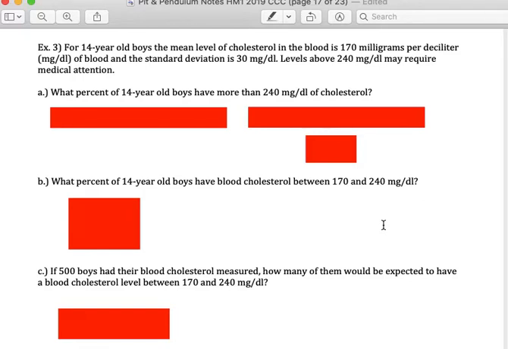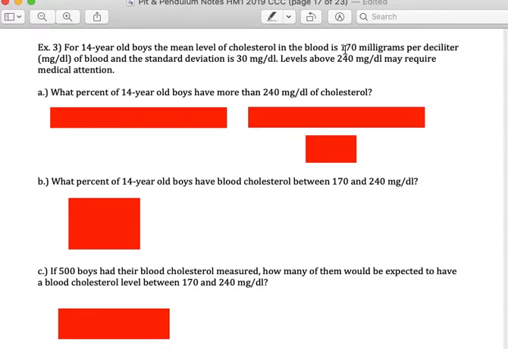So with the problem asking what percent is, we need to see if we have enough information given to us to find what? We need to first find the z-score. Okay, we need to see how far away this is. So our z-score formula is observation minus mean divided by standard deviation, and they did tell us that.